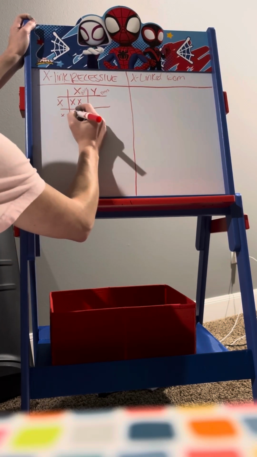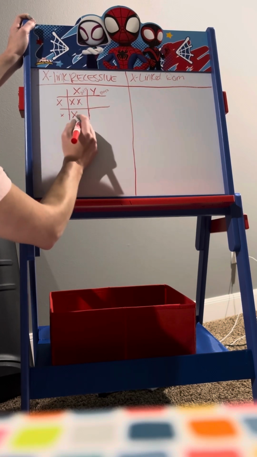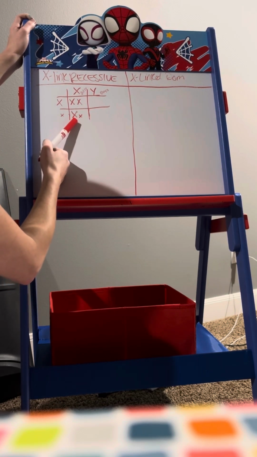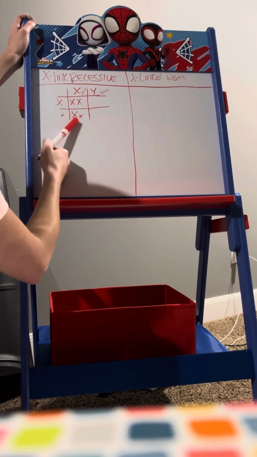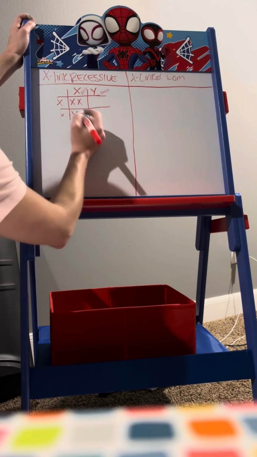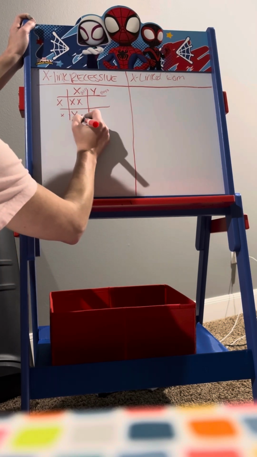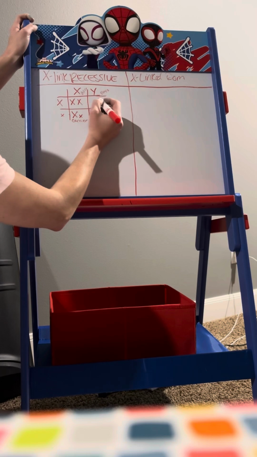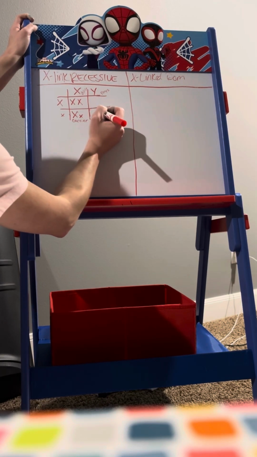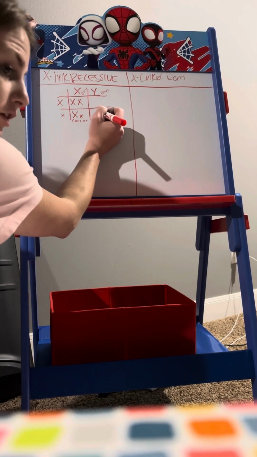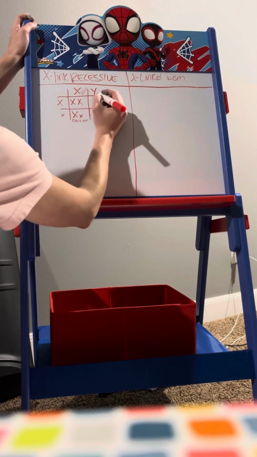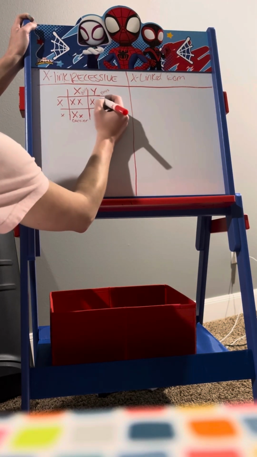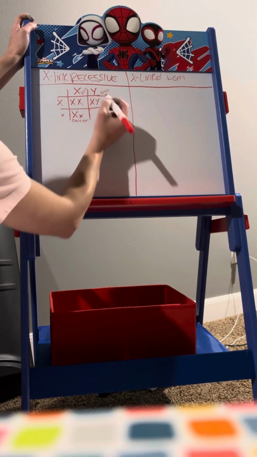Here, this girl, she's got the little X, but remember, she has a big X. So she's heterozygous. She's not going to express this. She's going to be a carrier, okay? Here, boys, remember, if they get it, they're going to fully express it. All right, big X, and then he gets his Y from dad, okay?